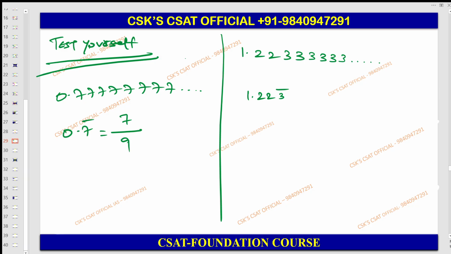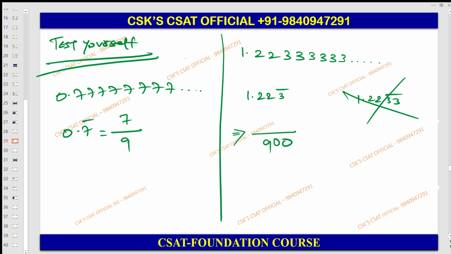So only one digit repeats, so 9 here. Why am I stressing on this? You understood, right? Many people in any situation will put it like this. That is wrong. You should not make that mistake.